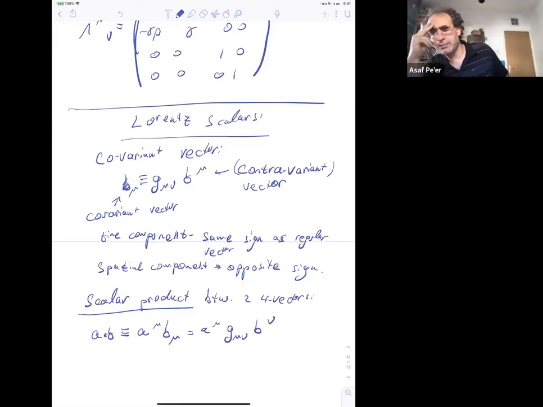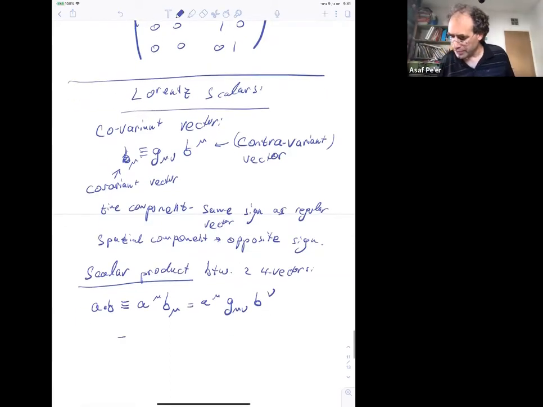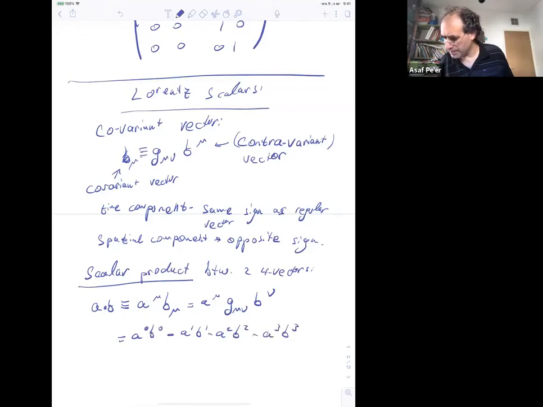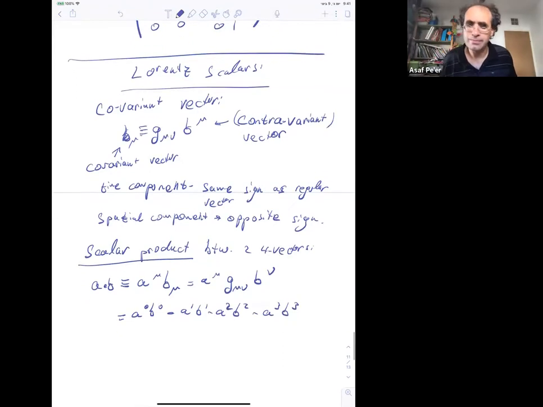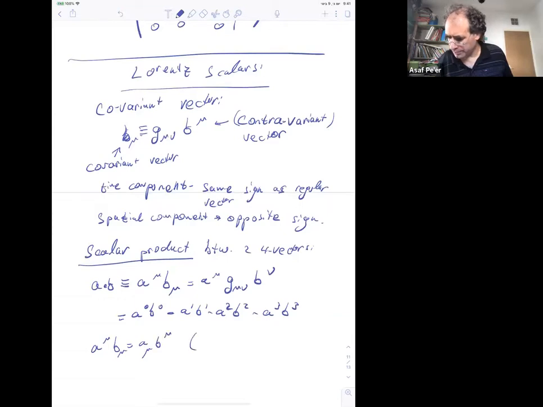I cannot define the scalar product without the G_mu_nu. In terms of components, this gives me A^0 B^0 minus A^1 B^1 minus A^2 B^2 minus A^3 B^3. Because G_mu_nu is symmetric, the order doesn't matter here. Everything is symmetric, it's simple, it's nice. So A_mu B^mu is equal to A^mu B_mu because of symmetry.